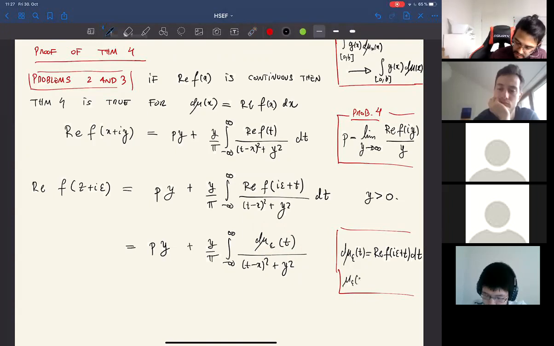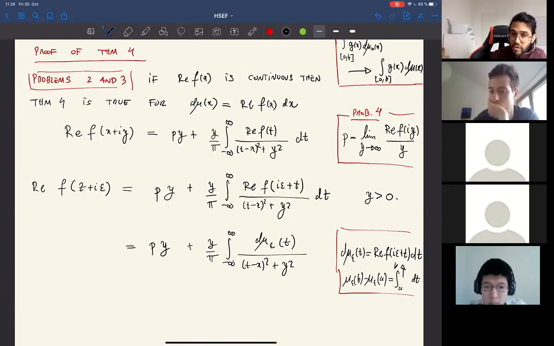Mu epsilon of b minus mu epsilon of a is just the integral dt from a to b of this guy here.